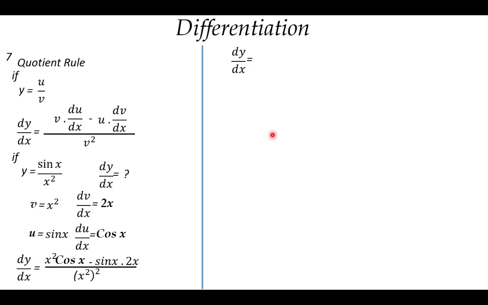dy/dx is going to be equal to, I can open the brackets. If I factor out x, I would have x, bracket, cos x minus 2 sin x, bracket close, times x.